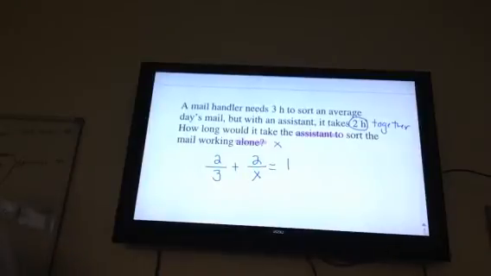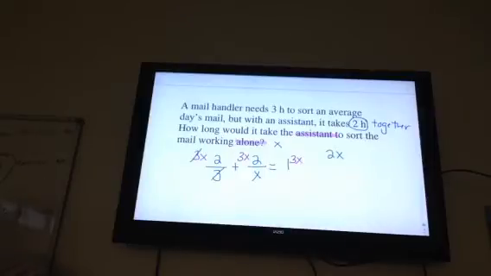So my common denominator that I'm going to use is the product of my denominators, or 3 times x, 3x. So on the first term, the 3 is going to cancel with the 3, and I'm left with x times 2, 2x.